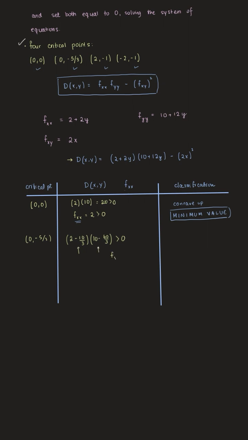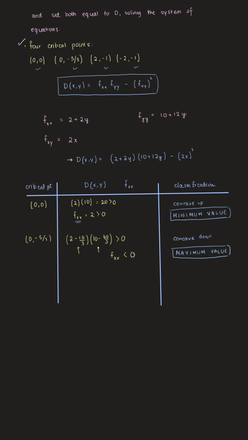So our second partial with respect to x is less than 0, which means our function is concave down at this point in both directions, both x and y. So because it's concave down in both directions, we are going to have a maximum value at this critical point. And to get the actual value, we can just plug in 0 and negative 5/3 into the original function.